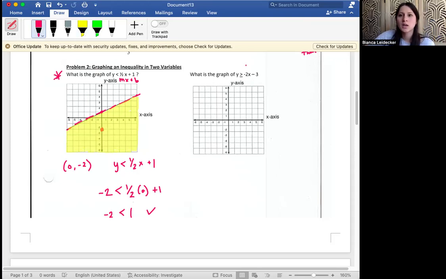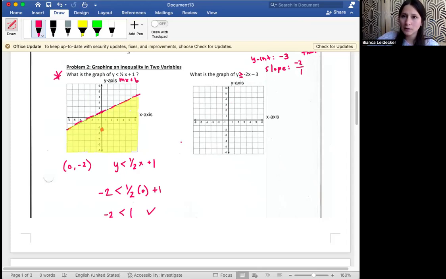Let's look at this one. If I were to identify my y-intercept, that would be -3. My slope would be -2/1. So I'm going to graph my line first, and notice that it is a greater than or equal to, meaning it includes whatever's on my line.